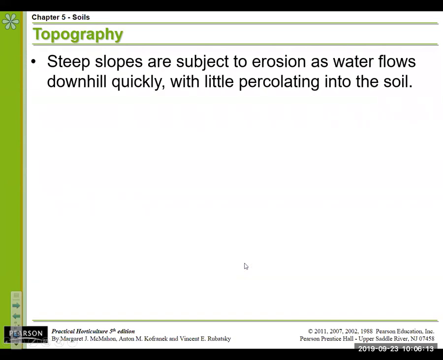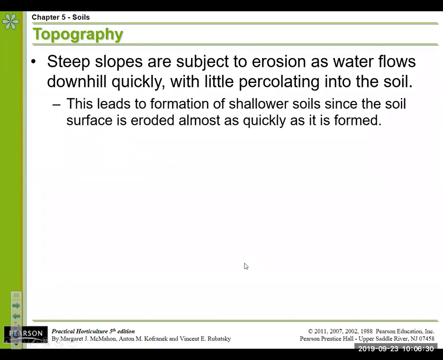On the topography front, we basically just look at this as the slope. The steeper the slope is, the more likely it is to be subject to weathering and erosion as water is flowing downhill, with little percolation actually into the soil. So we have more shallow soils on steeper slopes.